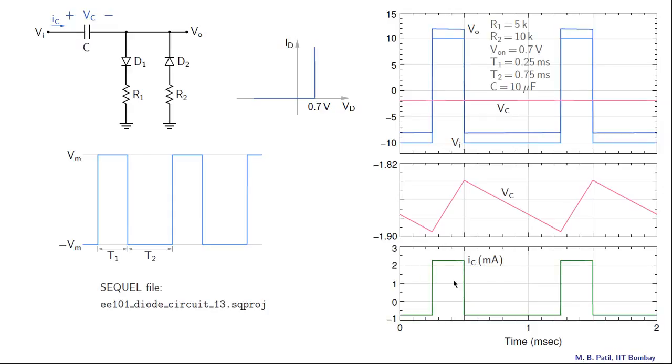That is what it looks like, and notice that it is consistent with our comments so far about the charging and discharging of the capacitor. During this interval, when the capacitor is charging, IC is positive, and during this interval, when the capacitor is discharging, IC is negative.